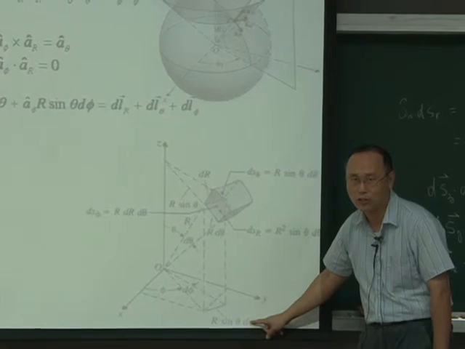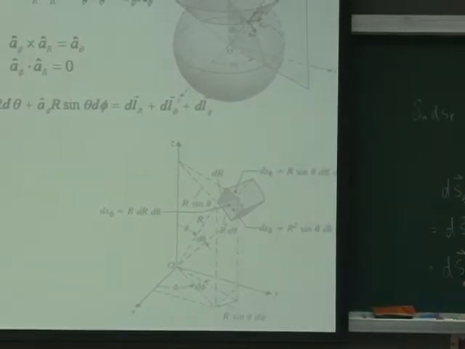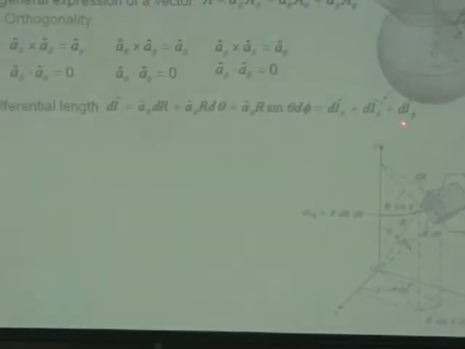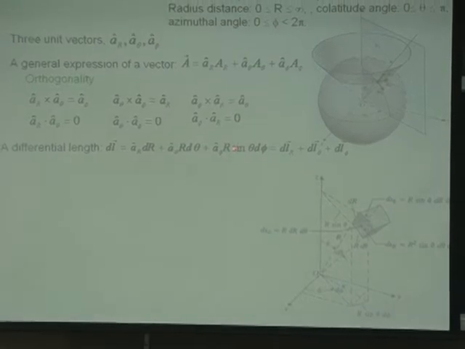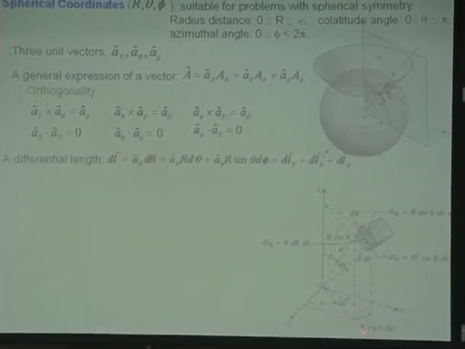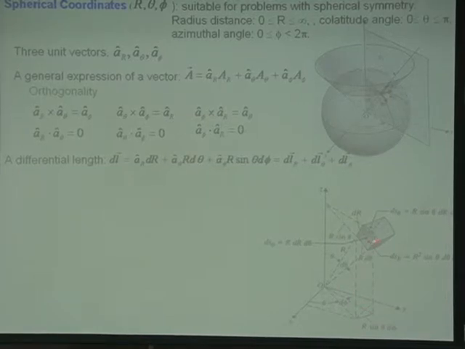That is the differential length along phi direction. OK，所以呢，你有第3个这个小长度是在这个方向上头，你必须先把 r 投影到这个面上头来，得到 r sin theta, and then multiply with the differential angle in this direction, that is d phi, to get this dl phi.